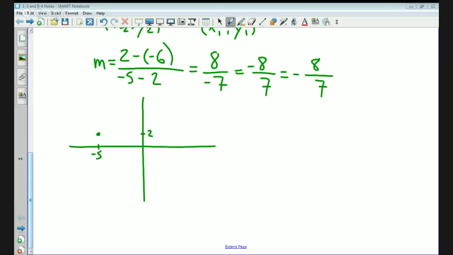And the second point, we are at 2 and negative 6, so we'll put that here. And when I connect those 2 points, we do see, yes, indeed, as I move from left to right, my y values are getting smaller. Started at 2, ended up down at negative 6 for this example.